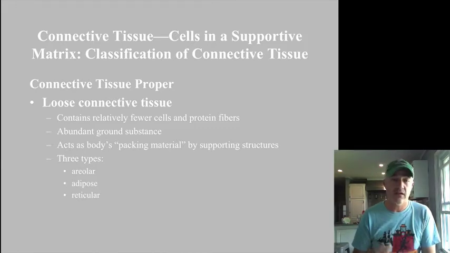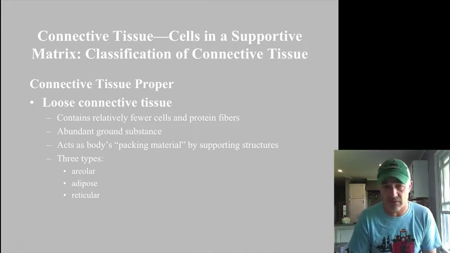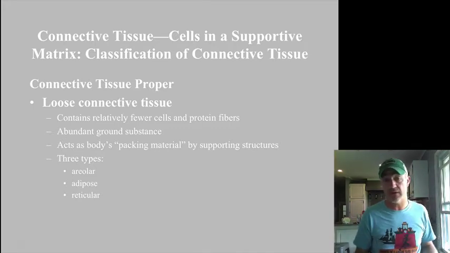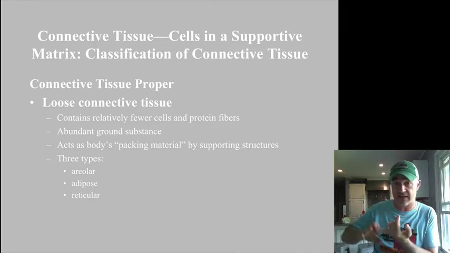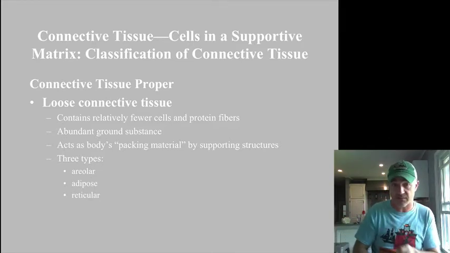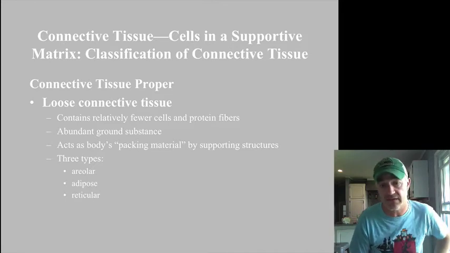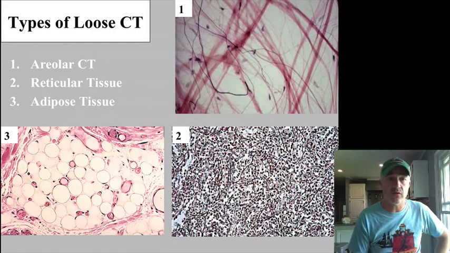We're going to see technically three main types of this. We'll mention a fourth, elastic tissue, but we have three main types of connective tissue proper. And again, almost all of these fit into that: it has cells, has fibers, has ground substance, with the exception of one of these we'll see. So the first one we'll talk about is areolar connective tissue.